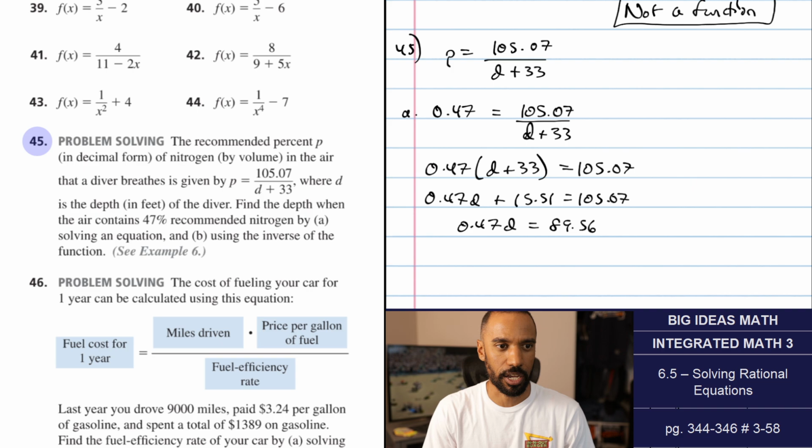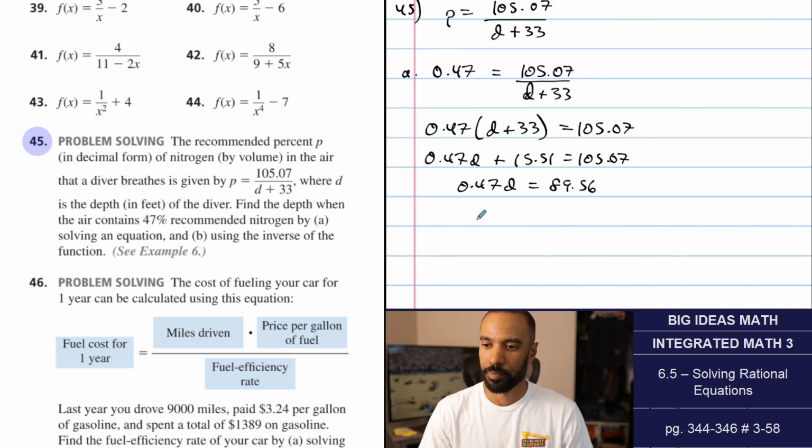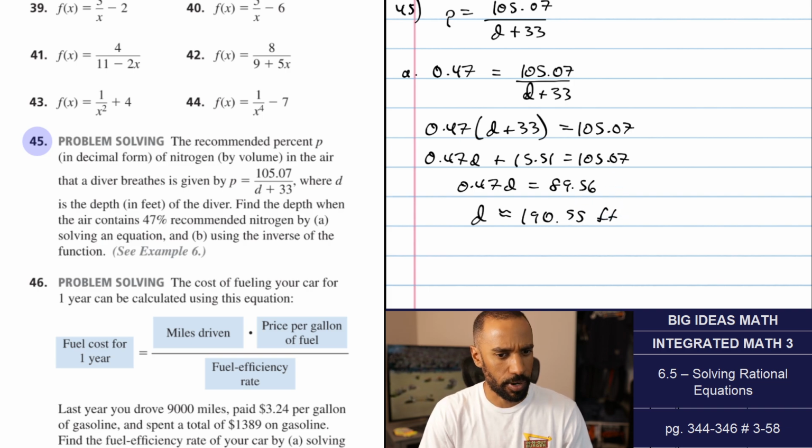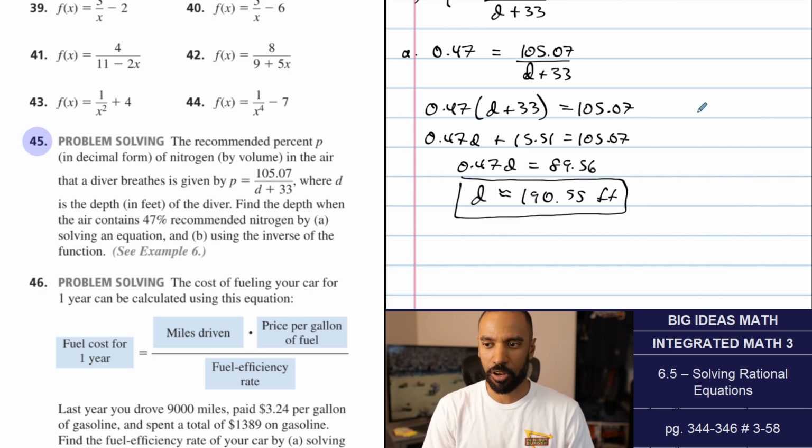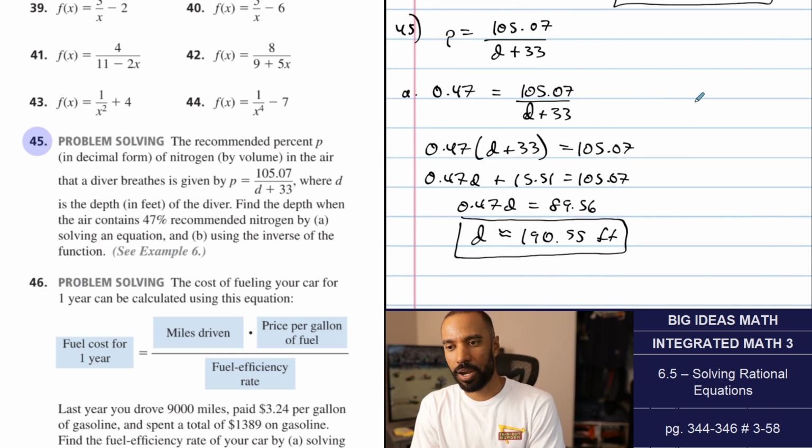So this is 190.55 feet, I'll say. I think it was feet, right? Depth in feet of the water. So this is how deep you are to have this much nitrogen, percent of nitrogen by volume. Okay, that was part A.